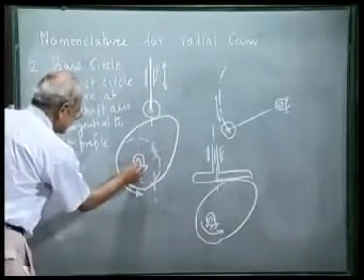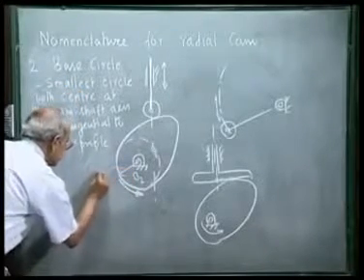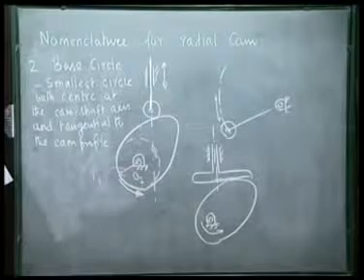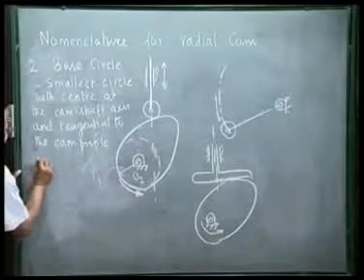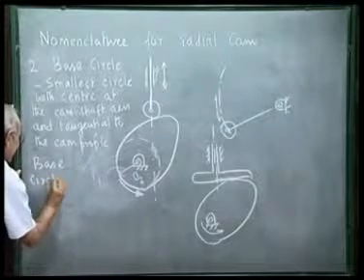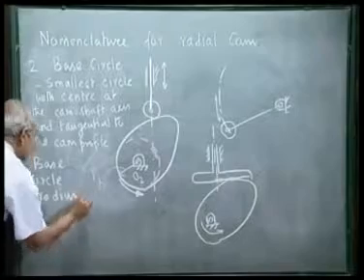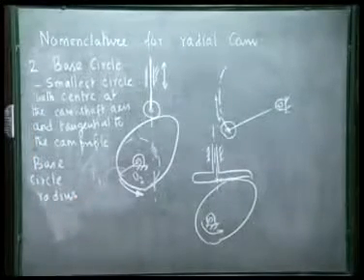So, this radius of the base circle we call RB, that is called base circle radius. Base circle radius is RB.